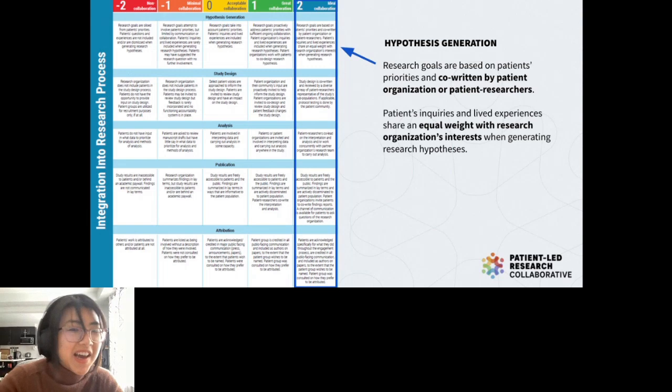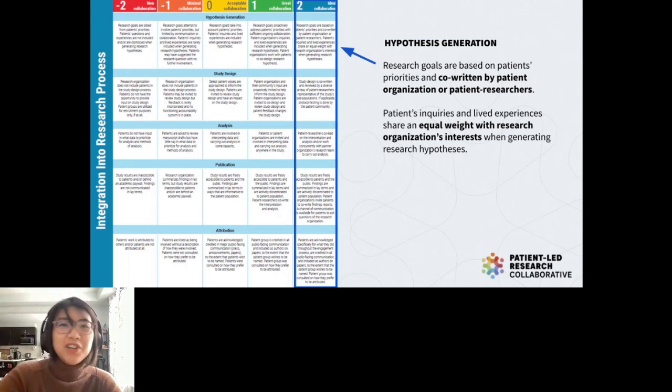And what you're looking at here is actually a playbook and a scorecard that our team developed in collaboration with the CMSS and funded by PCORI, in order to tease out what are some of the ideal ways that patients can collaborate with research partners.